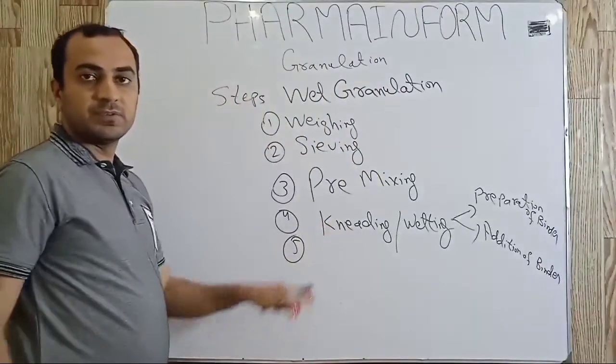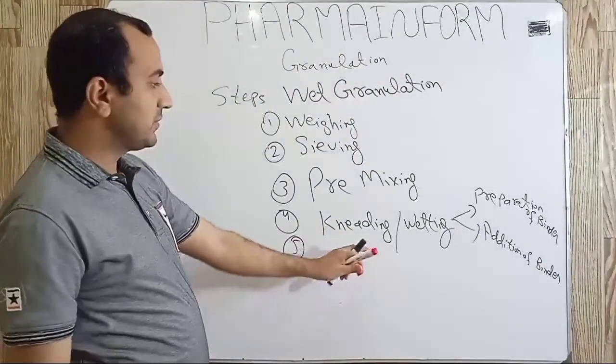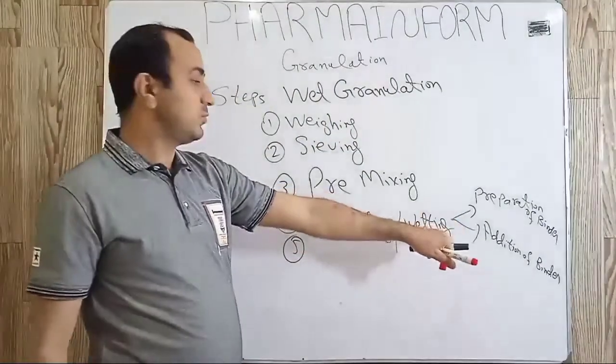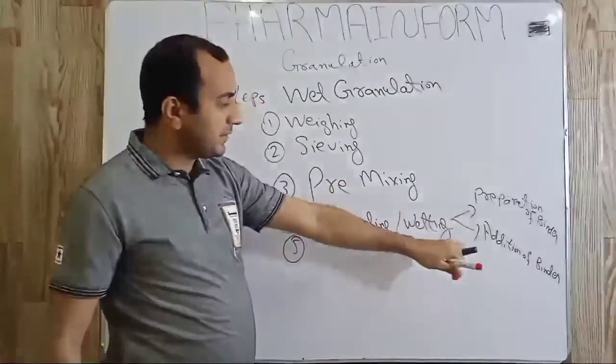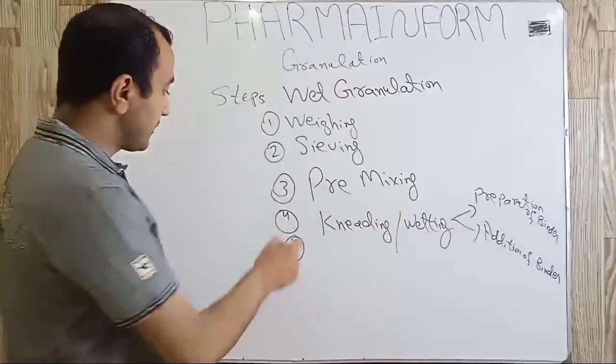So the fourth step, which is the most important part of granulation, is divided into two parts: preparation of binder and addition of binder.